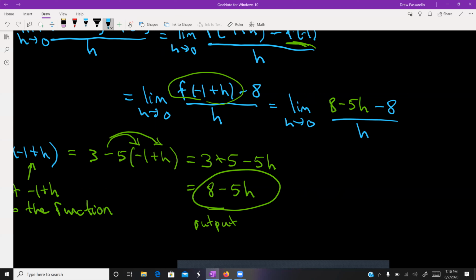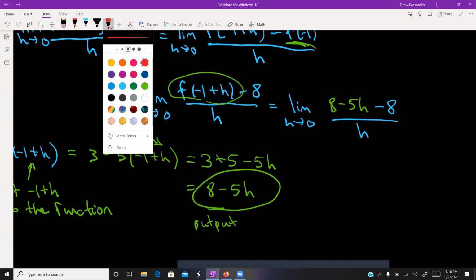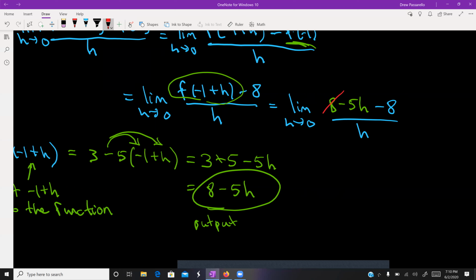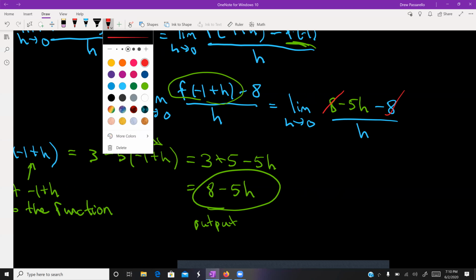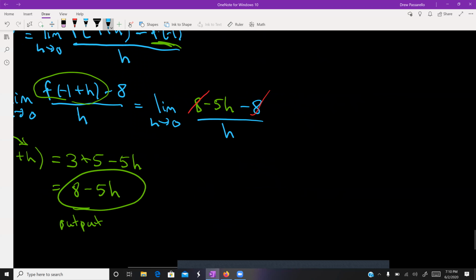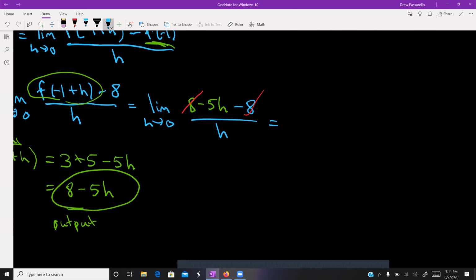And we can cancel out 8 with minus 8. That's going to give us the limit as h goes to 0 of negative 5h divided by h.